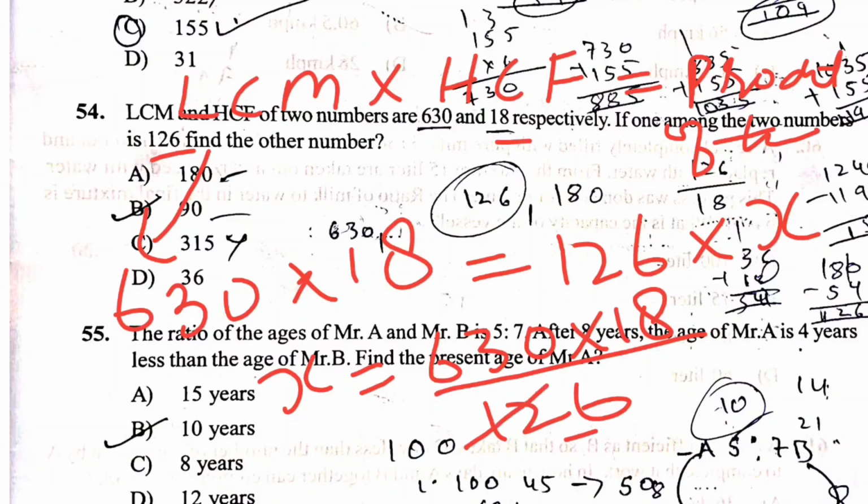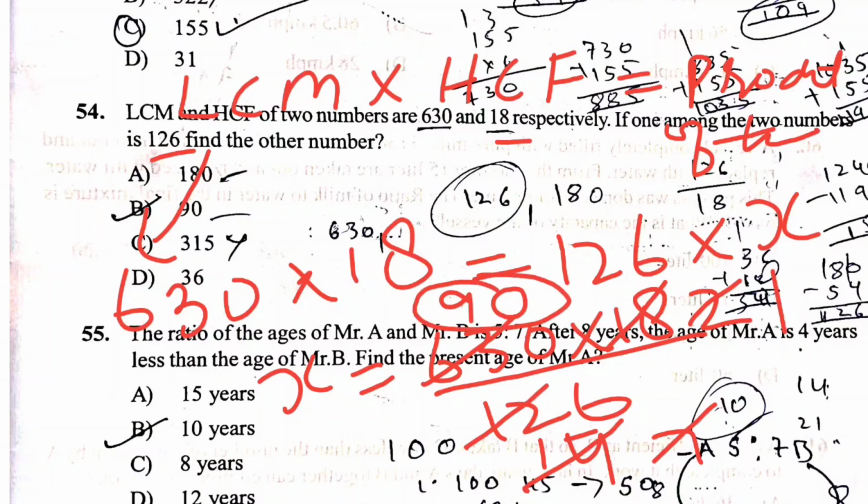So we have 9 ones are 9, 9 fours are 36, 9 twos are 18. Then 2 sevens are 14, 2 ones are 2, 7 ones are 7, 7 nines are 63, 7 zeros are 0. So the other number should be 90.